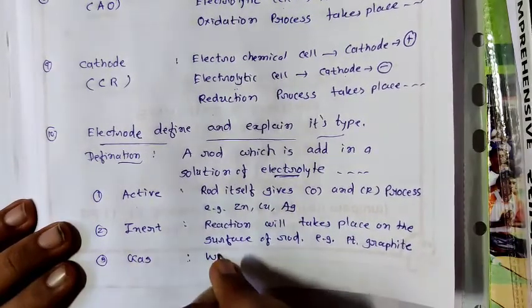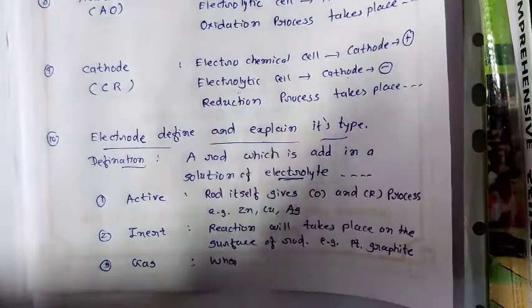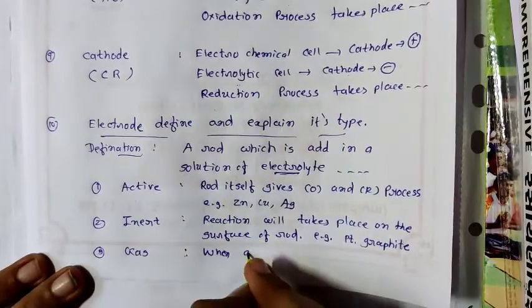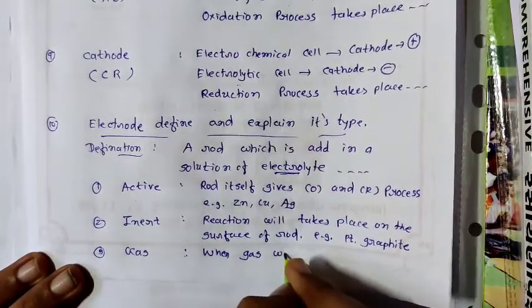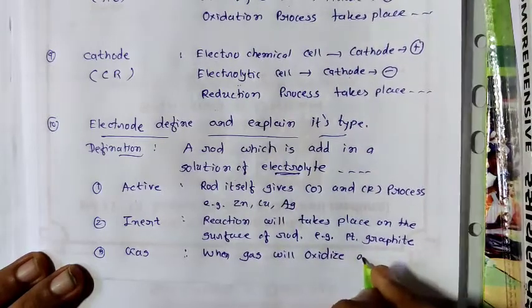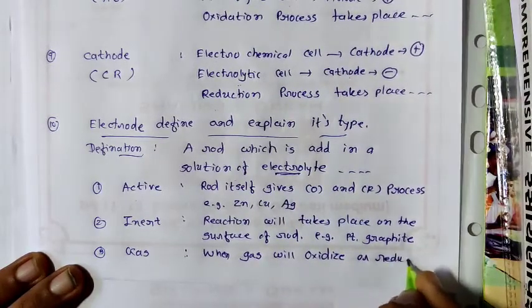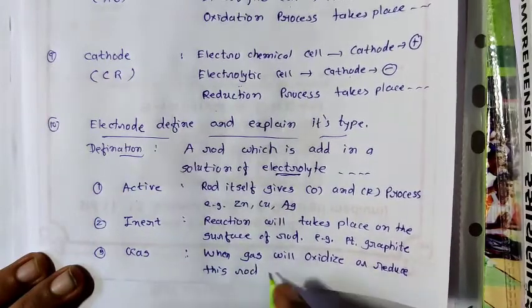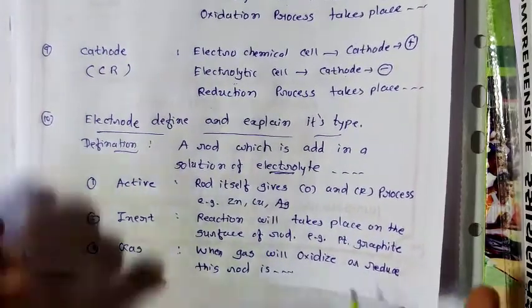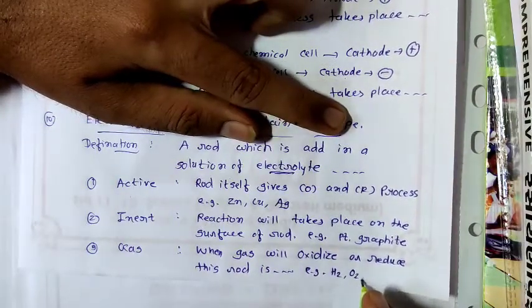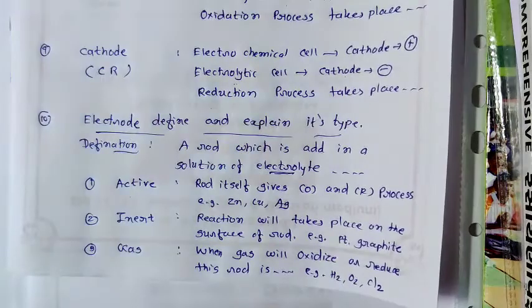So when the gas will oxidize or reduce, this rod is known as a gas electrode, and the examples are hydrogen, oxygen, chlorine. So these are the examples of gas electrode.